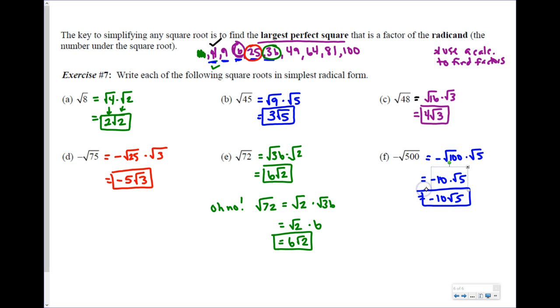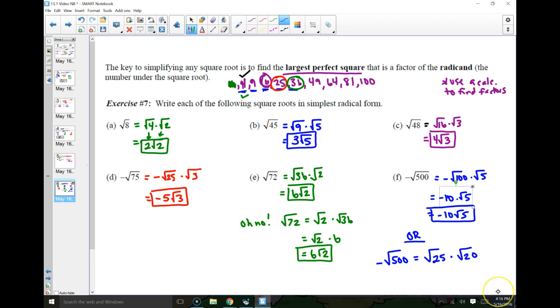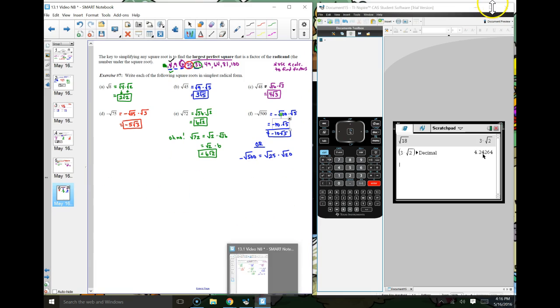Now let's say you're nervous and you're taking the Regents. And let's say that you think the square root of negative 500 is the square root of 25 times the square root of 20. Because that is true, right? If I go to my calculator and I do 25 times 20, I get 500.